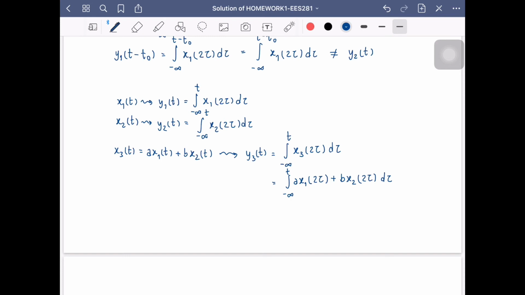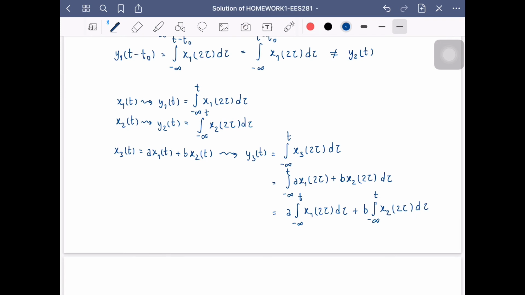And we can separate it into a times the integral from minus infinity to t of x1(2 tau) d tau plus b times the integral from minus infinity to t of x2(2 tau) d tau.